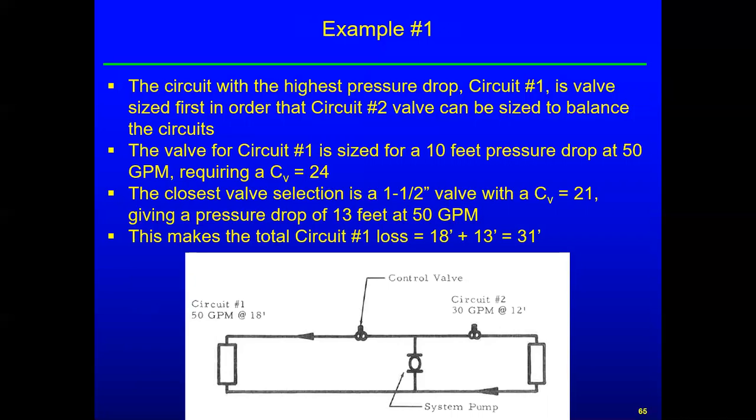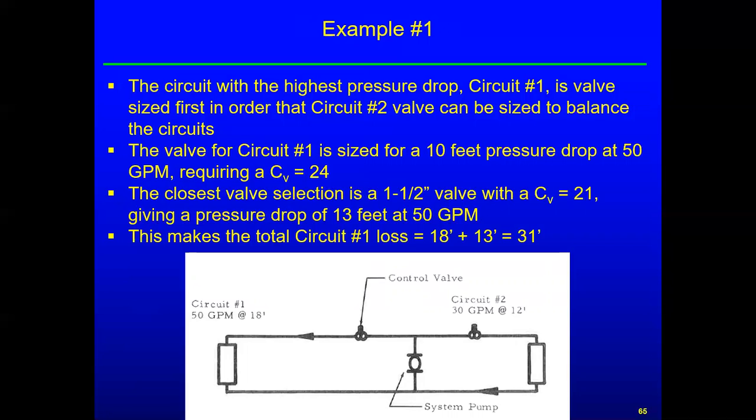The circuit with the highest pressure drop, number 1, is valve sized first, so that circuit number 2's valve can be selected to balance the circuits. When we're finished, we want to have the same pressure drop around each one of these circuits. It may require using a balancing valve to add some drop to one of the circuits to get it to match the other circuit.